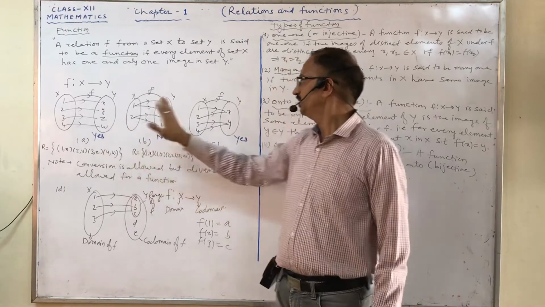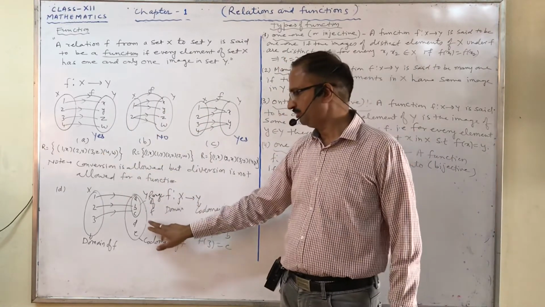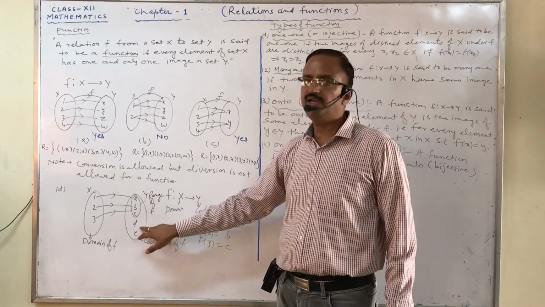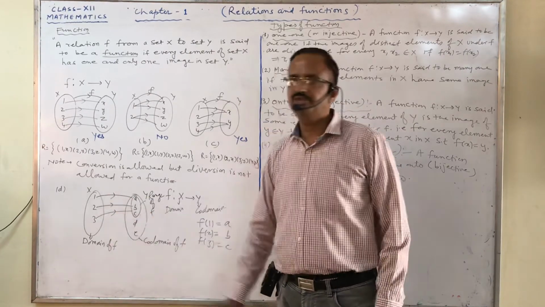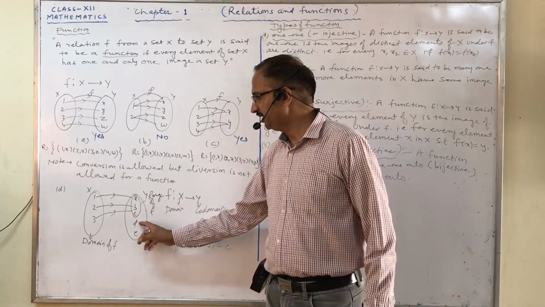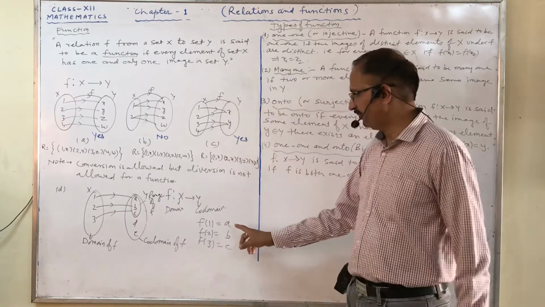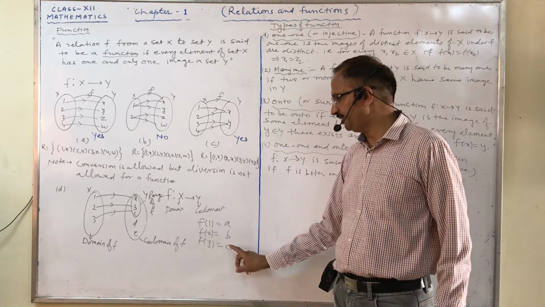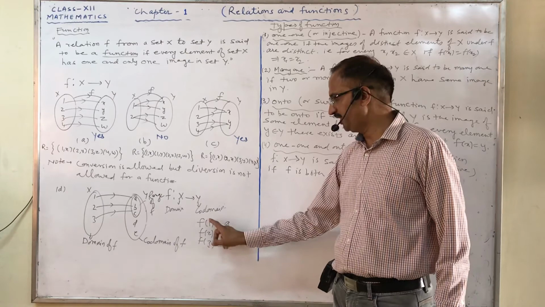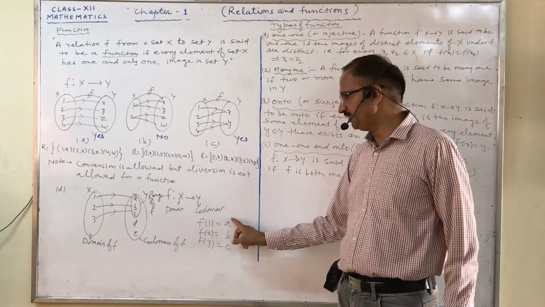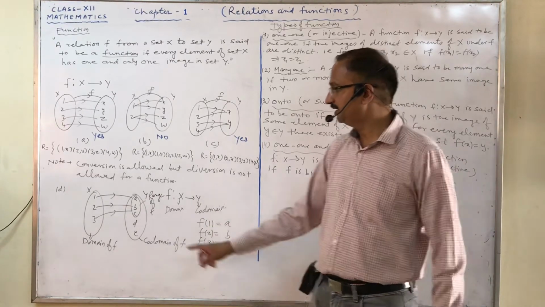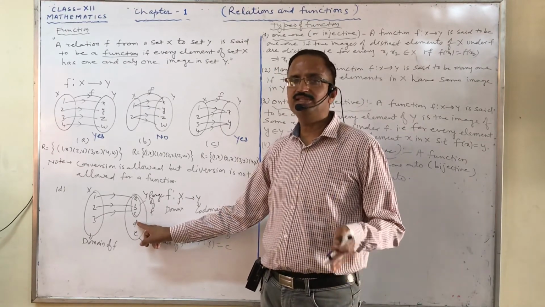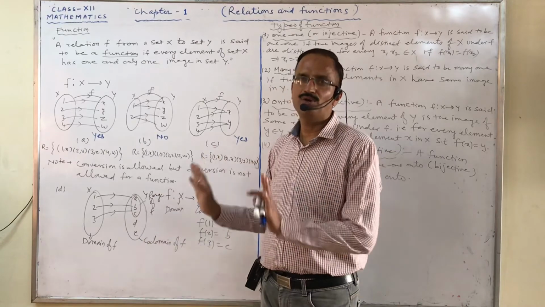This is onto, this is onto, this is not onto. Why? Because of these two elements which are not associated with any element of X, or we can say that they don't have a pre-image. The pre-image of A is 1, the pre-image of B is 2, the pre-image of C is 3. The image of 1 is A, so the pre-image of A is 1. But what is the pre-image of B? We don't have. It means this is not an onto function.